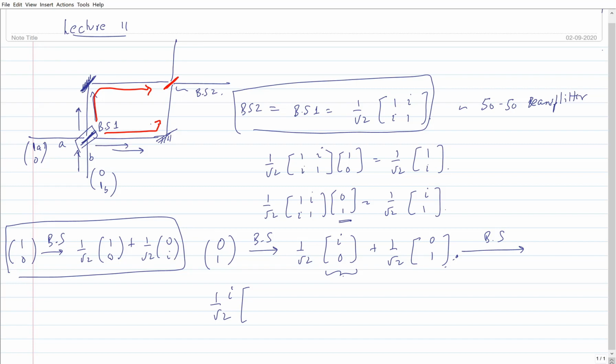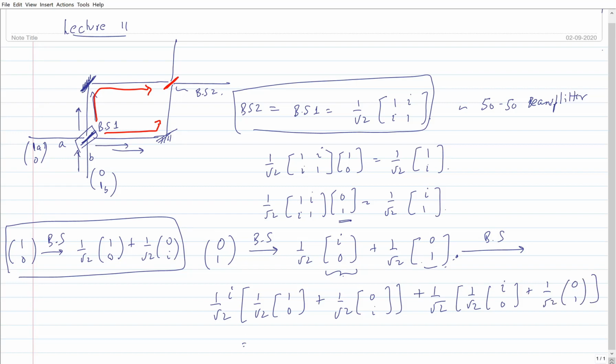This was the first beam splitter, then the second beam splitter. So 1, 0 will again go to, just plugging in the action of the beam splitter, and 0, 1 goes to this guy.